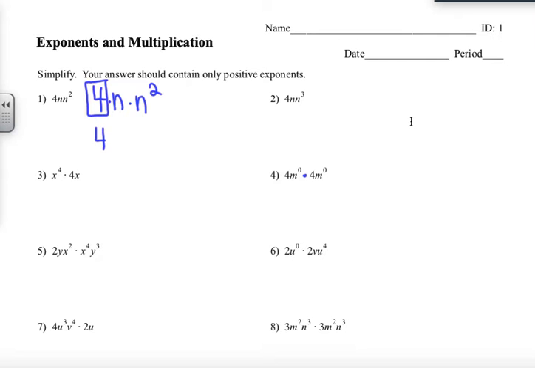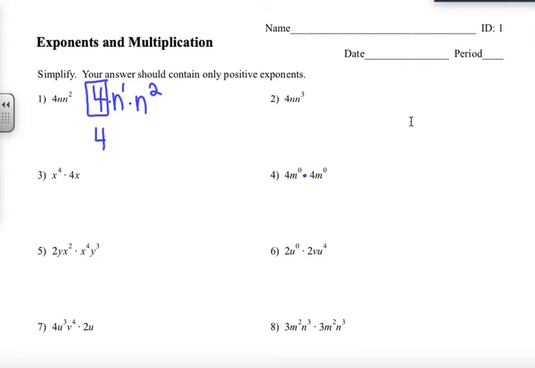But I can simplify n times n squared. Whenever you have a plain variable, there is an invisible exponent there. This is n to the first power, but we don't ever have to write that because it's kind of useless. Anytime you have any x or a variable that just has a plain thing with no exponent, there is an invisible exponent of 1 there, saying that there is one of these.